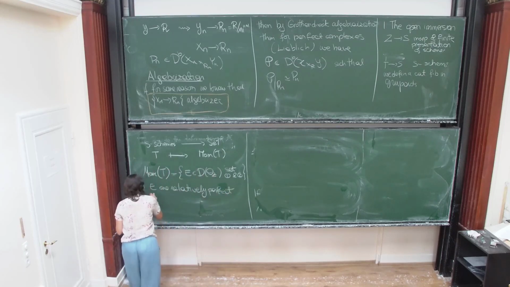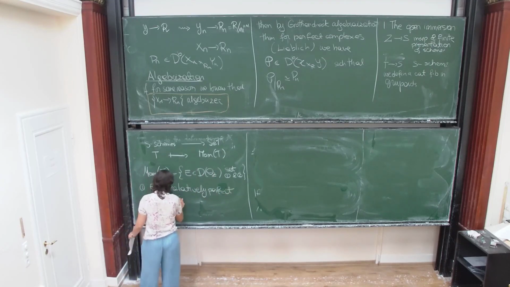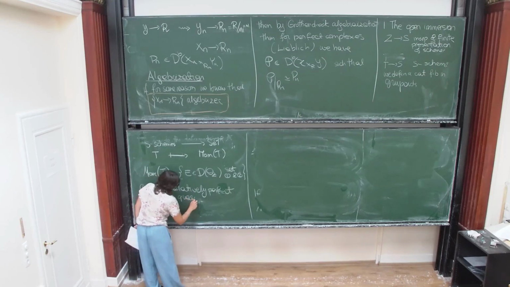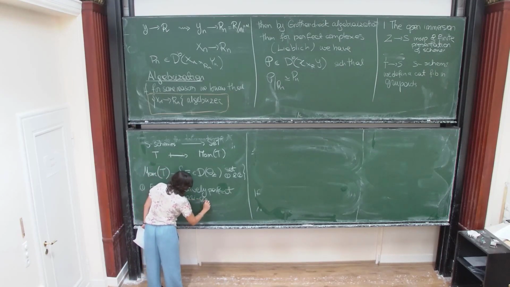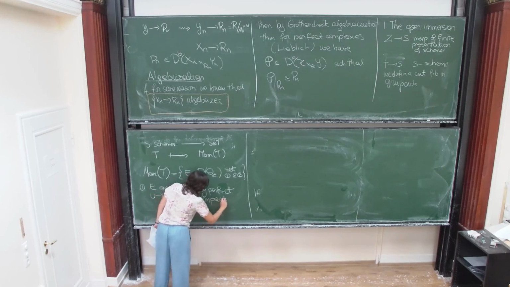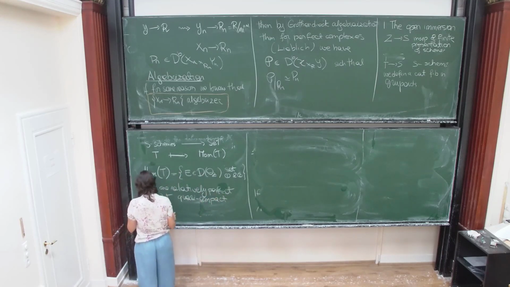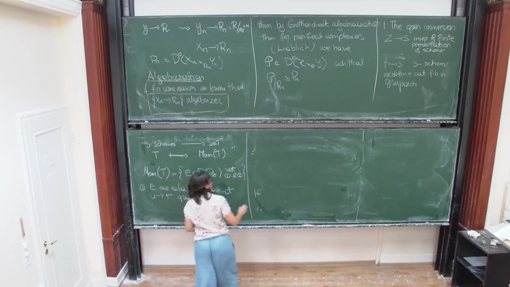Meaning that if you have U to T quasi-compact, and so you have this diagram here.